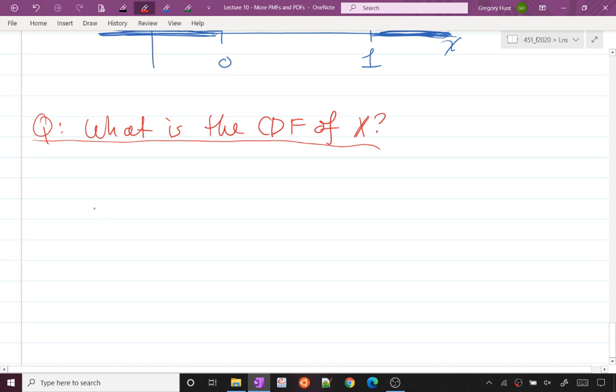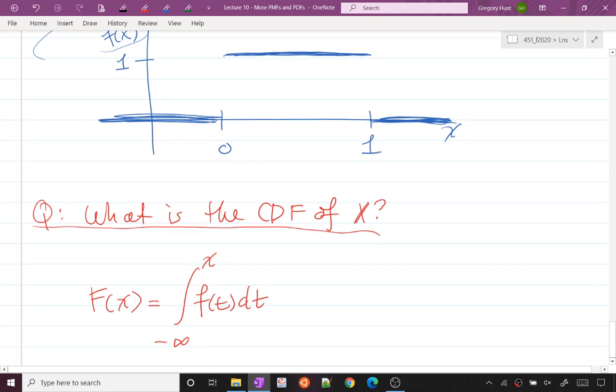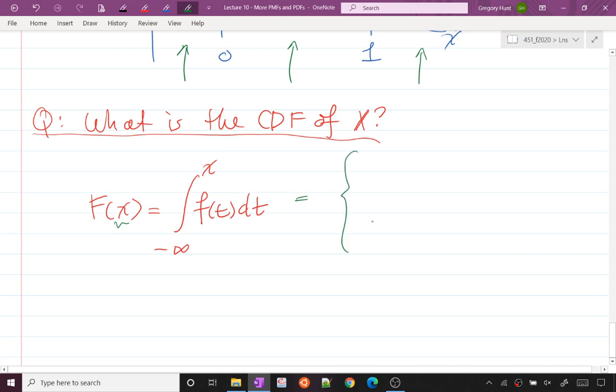The fundamental relationship we know is that F of little x, F of some number, is the integral from negative infinity to x of my PDF. I'm going to break this integral into 3 cases: is my little x less than 0, between 0 and 1, or bigger than 1?